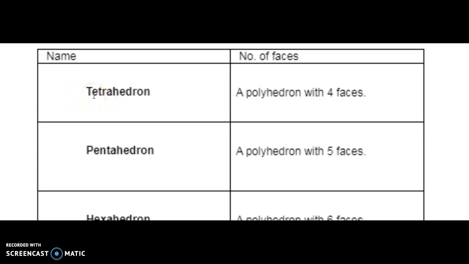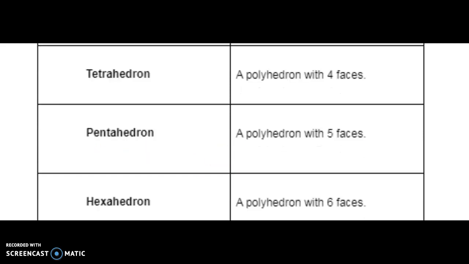So if you Google an example of a tetrahedron, you will see a polyhedron with 4 sides. Similarly, a pentagon is a polygon with 5 sides, while a pentahedron will have 5 faces.